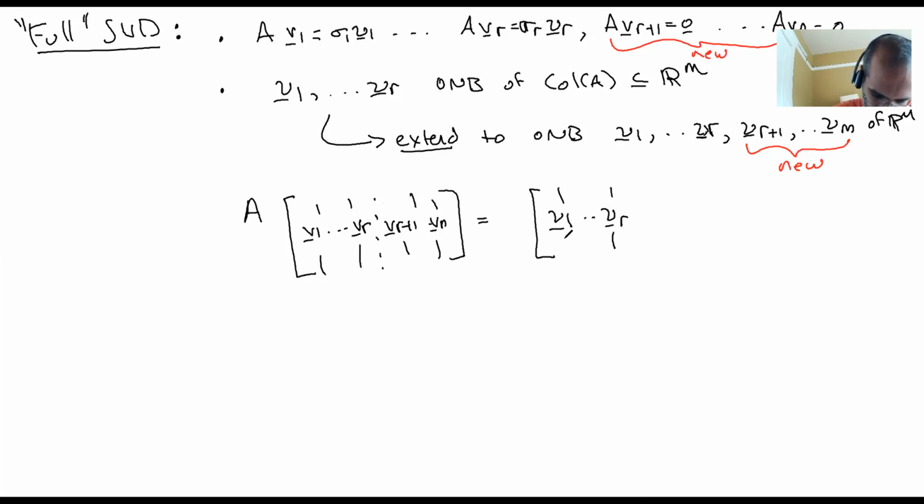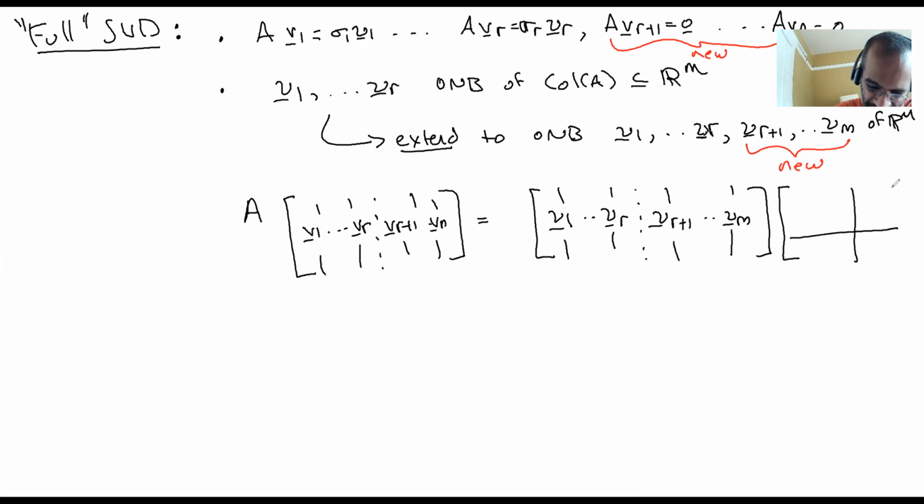So those are the non-trivial equations, but now you have these new padded vectors that you added. And now times a sigma, which is a weird looking matrix. It's not actually square. It has the non-zero singular values, but then it just has zeros, padded so you have the right dimensions, right? So this is m by n, this is n by n, this is m by m, and this is m by n.